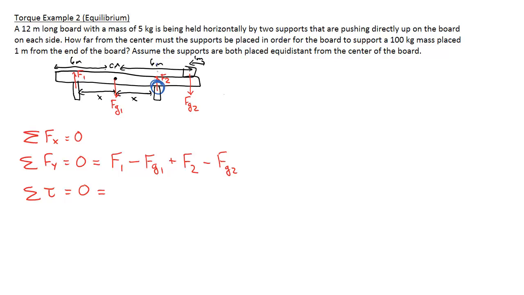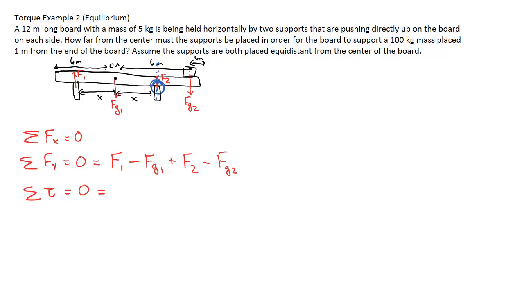So our axis of rotation is going to be directly on that support over there on the right that's closest to the mass. So what we need to do is look at our torques relative to this axis of rotation here on the right support.